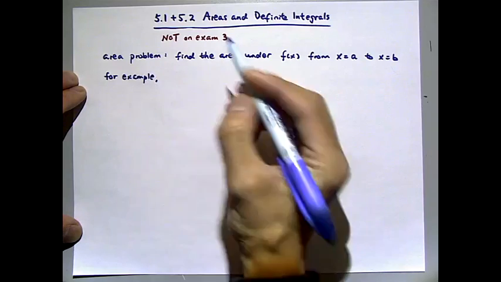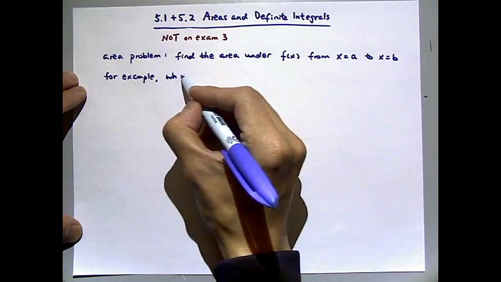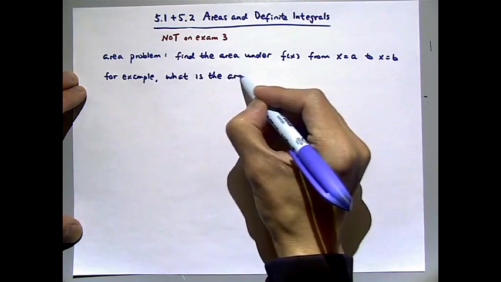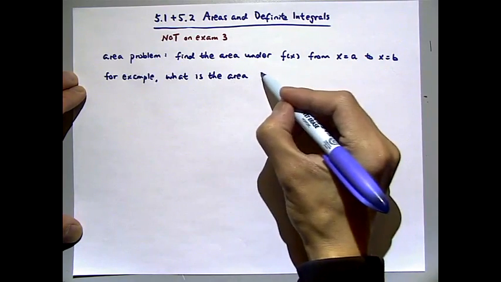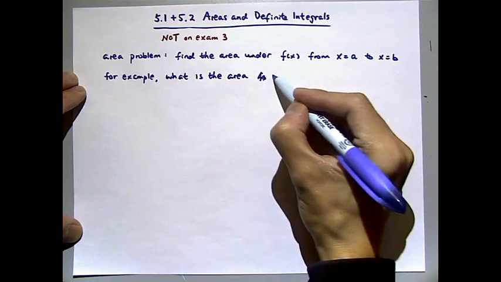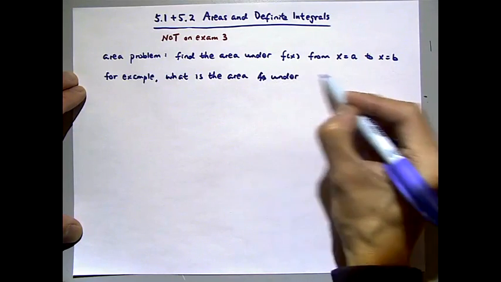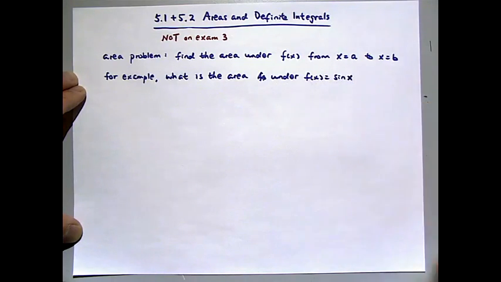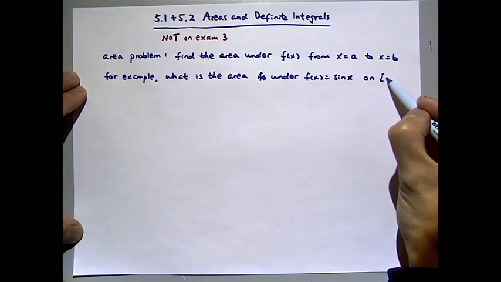For example, what is the area under f of x equals sine of x on the interval, let's say, 0 to pi over 2?